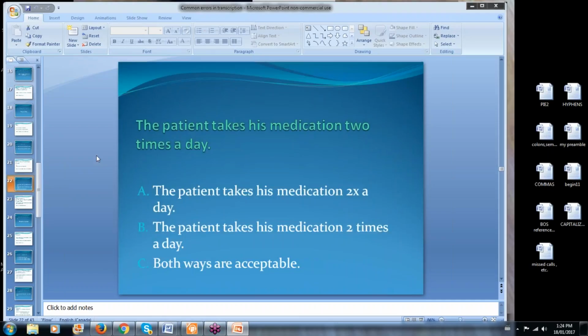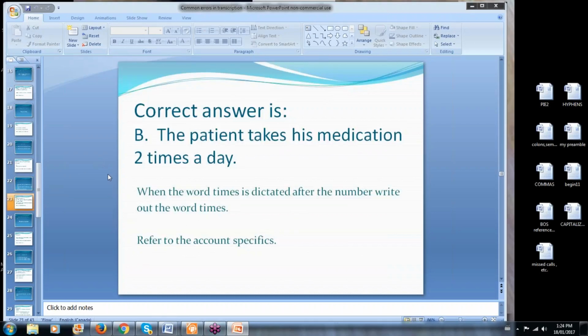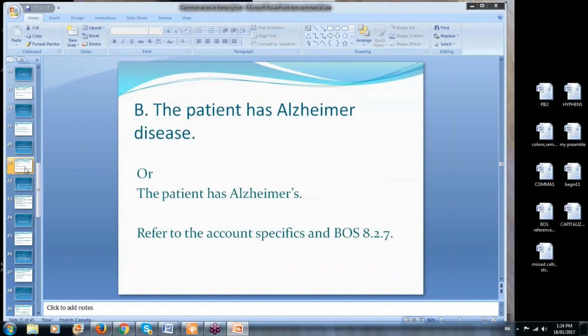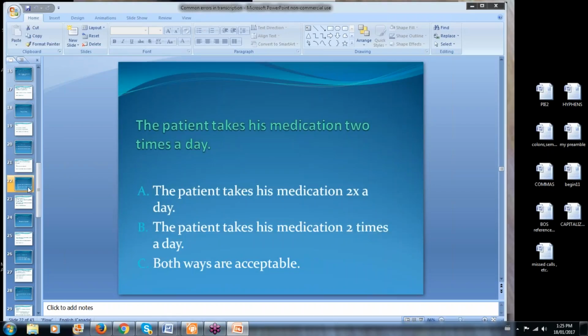Okay, let's see. That's the next one. The patient takes his medication 2 times a day. Okay, so, oh, what did I do? I gotta stop hitting my buttons. Oh, here we go. The patient takes his medication 2 times a day. Would you type it: A, the patient takes his medication 2x a day; B, the patient takes his medication 2 times a day; or C, are both ways acceptable?